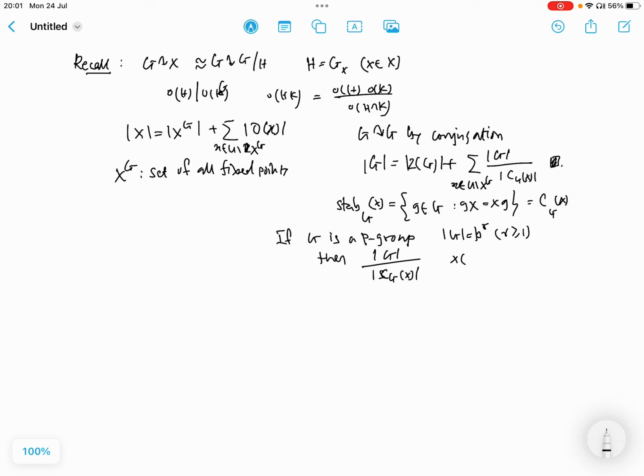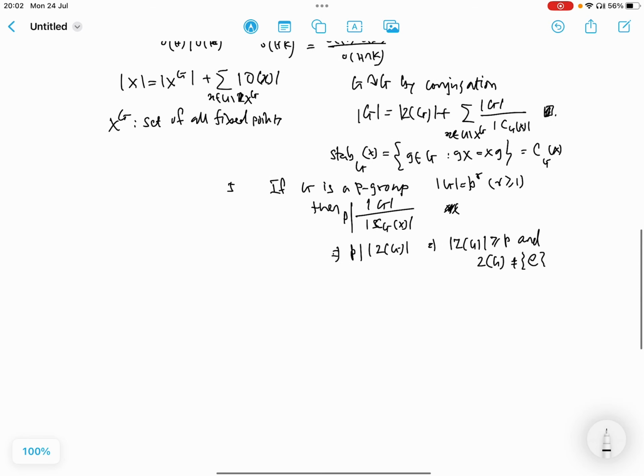That is, the orbit must have at least two elements. So in this case, there will be at least one prime divisor p, so p divides each of them. So p divides the sum, and also p divides the left hand side. So we get p divides the order of the center. So in particular, the center has order at least p, and more so the center is non-trivial. And this is number one.